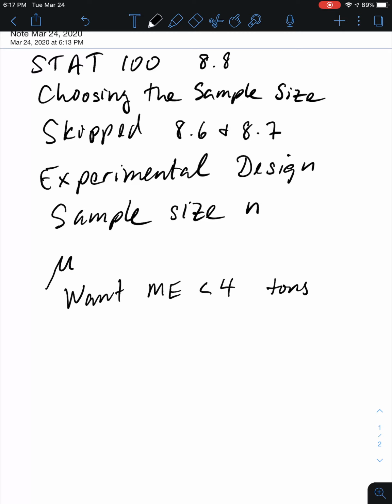So we have to accept a certain amount of uncertainty in our answer, but we want to limit that uncertainty to 4 tons in either direction. And we want to be 95% confident of our results.